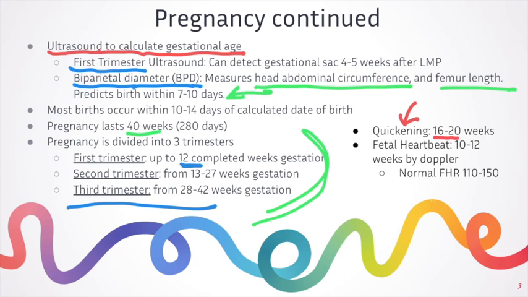The reason is because when you're first pregnant, you don't really know what to expect. You don't know that you're feeling the baby move. Once you've been pregnant more than once, you know what it feels like. So for example, if you're pregnant for the first time you feel baby moving at about 16 to 20 weeks, it doesn't feel like a big movement.